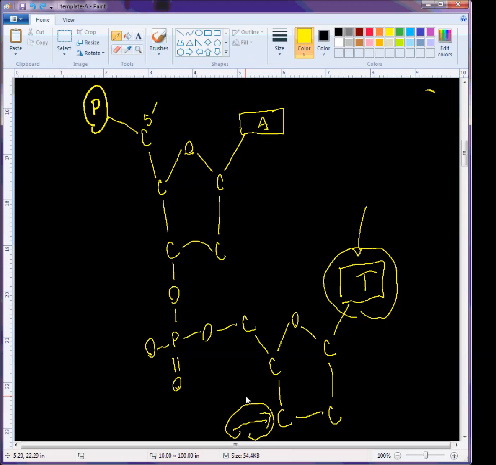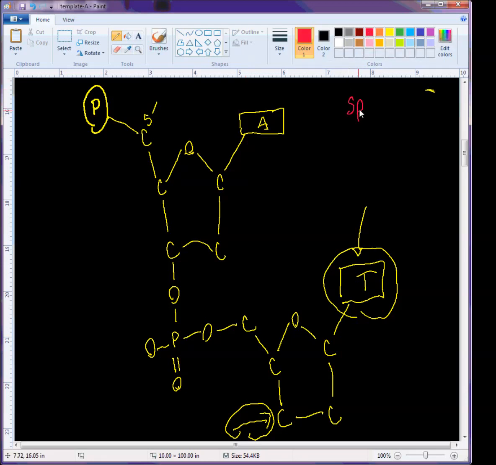And part C is a little bit longer. Suppose that the molecule was cleaved with the enzyme spleen diesterase, which breaks the covalent bond connecting the phosphate to the 5' carbon. So that's a lot of information there.